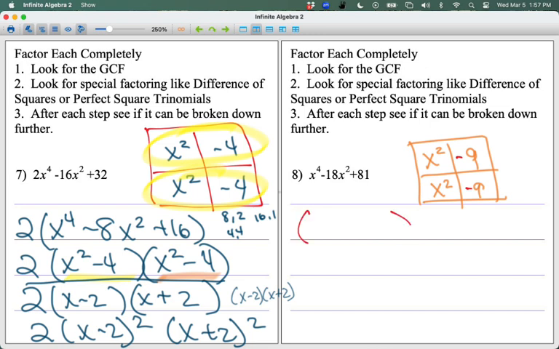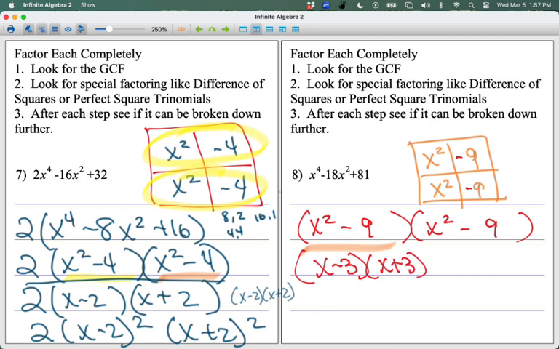And we have a similar thing that we had last problem. X squared minus 9 and x squared minus 9. So they're both difference of squares. This orange one is going to become x minus 3, x plus 3.